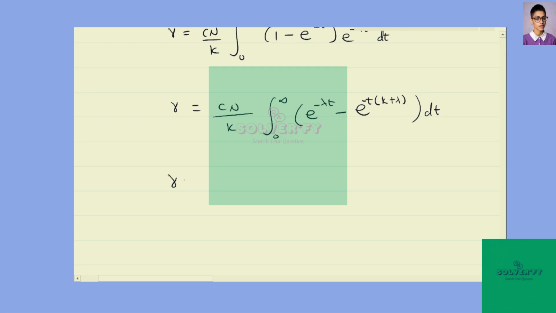So we can write it as the limit as t approaches infinity of c and k, then the integral from 0 to t.